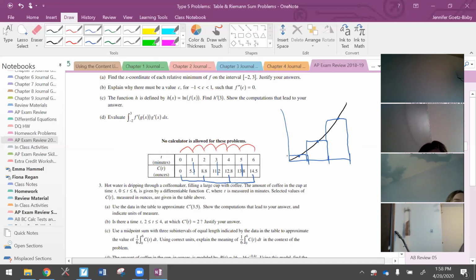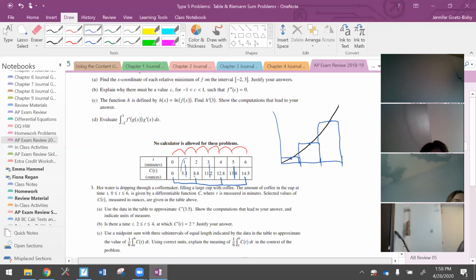And so the height for my first rectangle is going to be this value, 5.3. For my second rectangle, it's going to be 11.2. And for my third rectangle, it's going to be 13.8. And then these rectangles are at 2, 4, and 6.